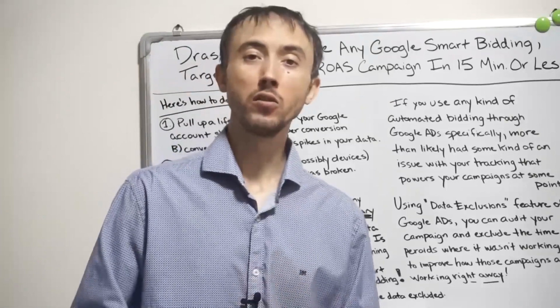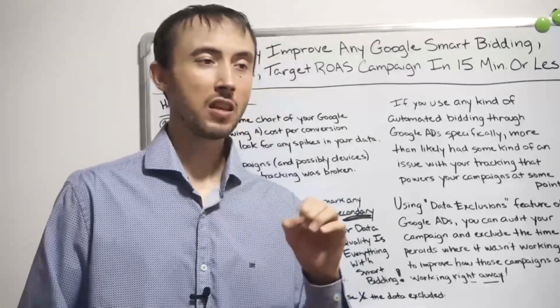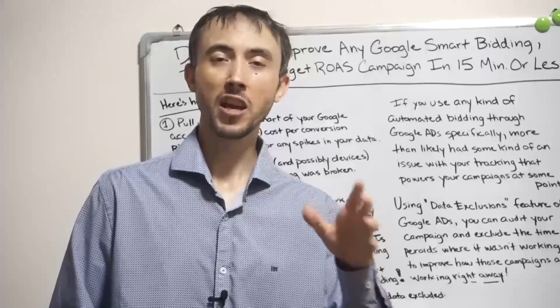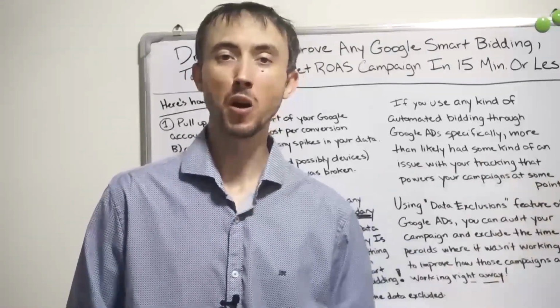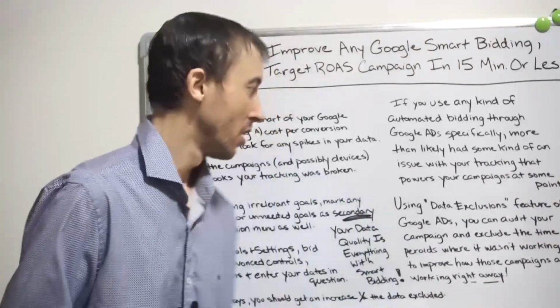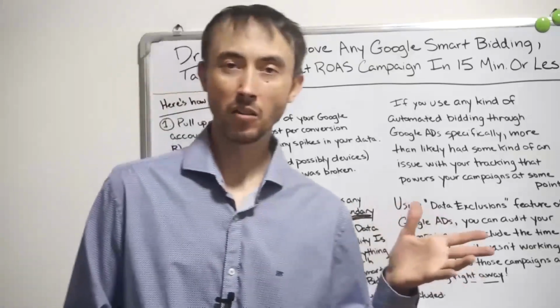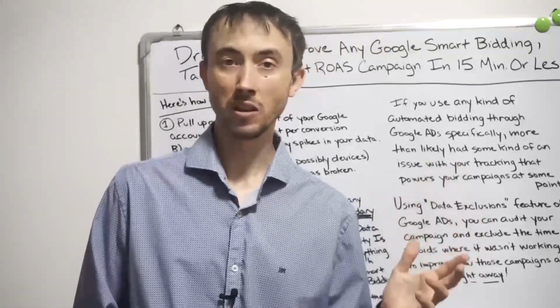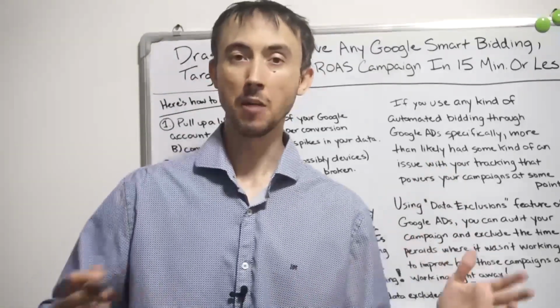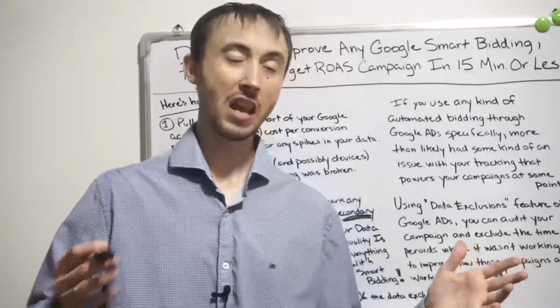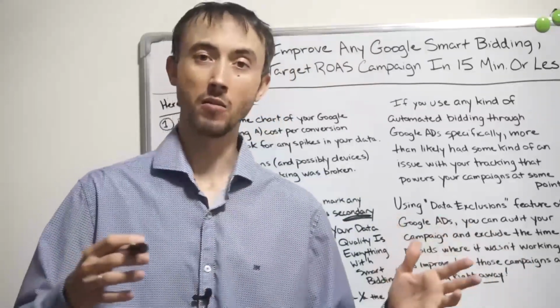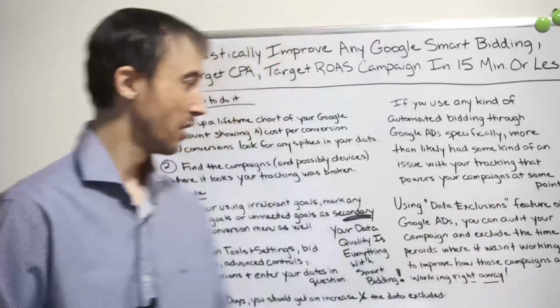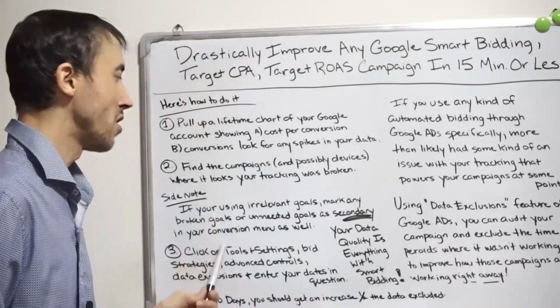That way Google ignores those in the calculation of how your campaign should be steered through the smart bidding algorithm. Okay? So I recommend you do that to clean up the data that Google has on how to run your campaigns. So that's just a side note.